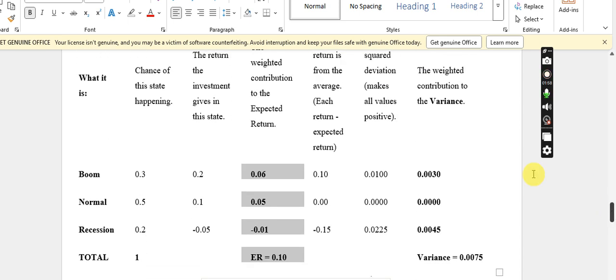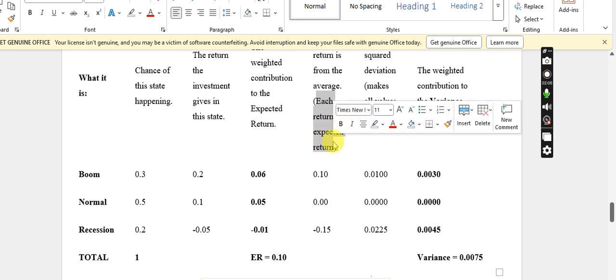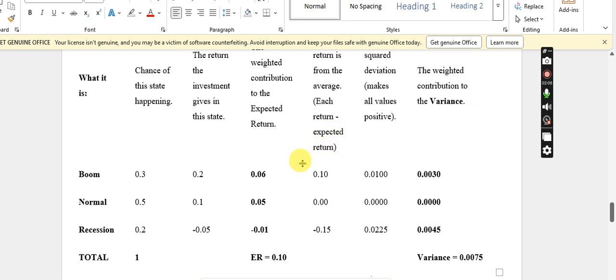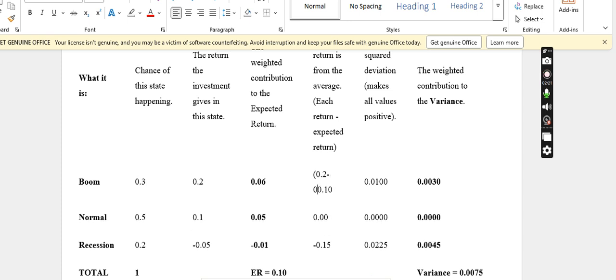So we begin from here. First thing we need to do is each return minus the expected return. Here you're going to say 0.2 minus 0.1, you get 0.1.